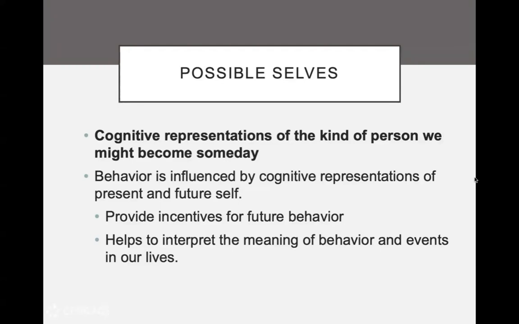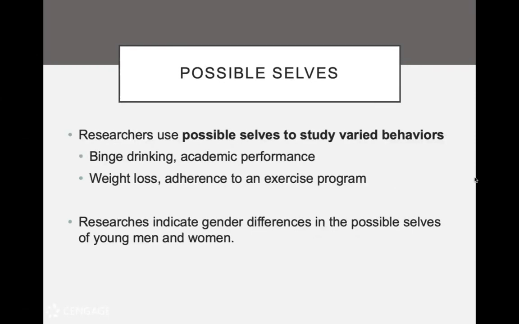The second is that it helps you interpret the meaning of behavior and events in your life. You could say, this is my possible self, I'm going to be like this, and the reason this happened is so I could be this. That provides a good interpretation for some experiences that happen in your life because you have this idea of a possible future self.